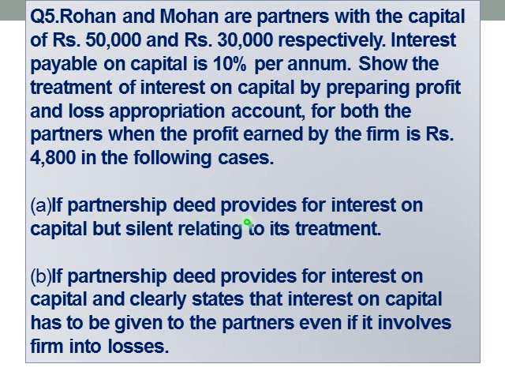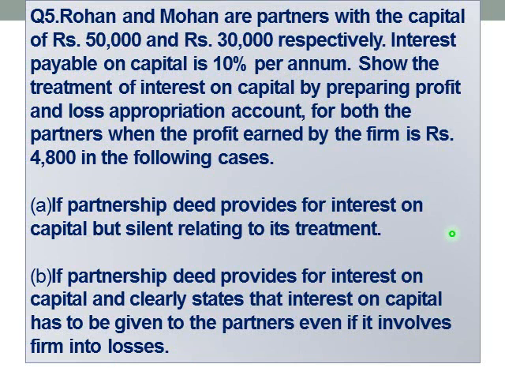Case 1, if the partnership deed provides for interest on capital but is silent relating to its treatment. Next, if the partnership deed provides for interest on capital and clearly states that interest on capital has to be given to the partners even if it involves the firm in losses.